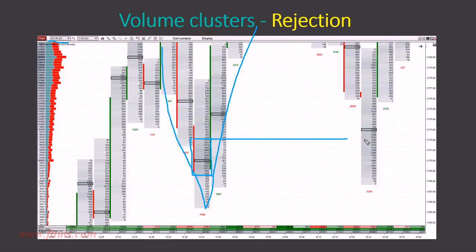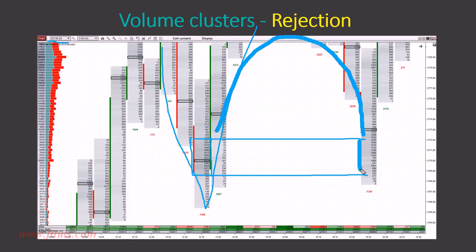So this is the support zone. You wait until the price makes a pullback to this zone again, and from this zone you enter long. Either you enter without a confirmation, I would enter without a confirmation from this heavy volume node, or you can wait for some sort of confirmation from this area, alright?